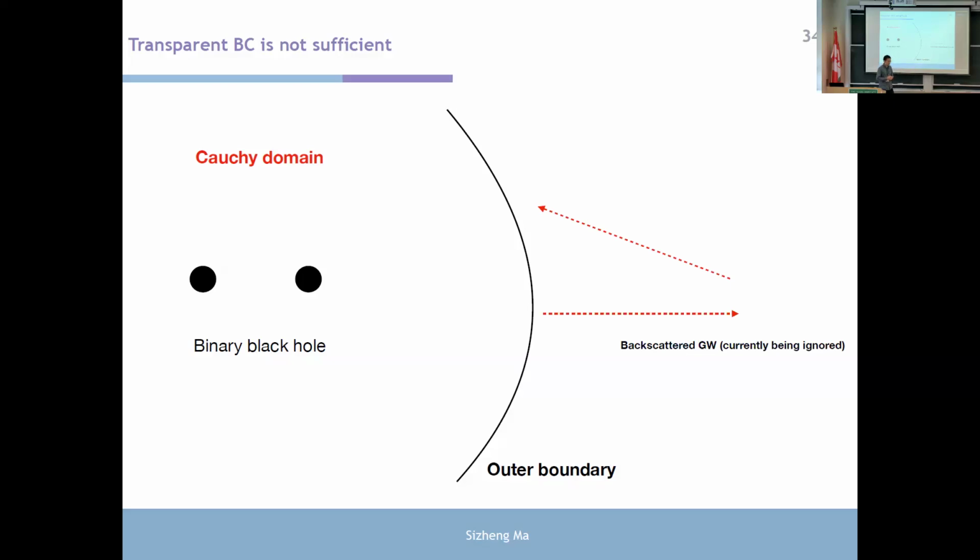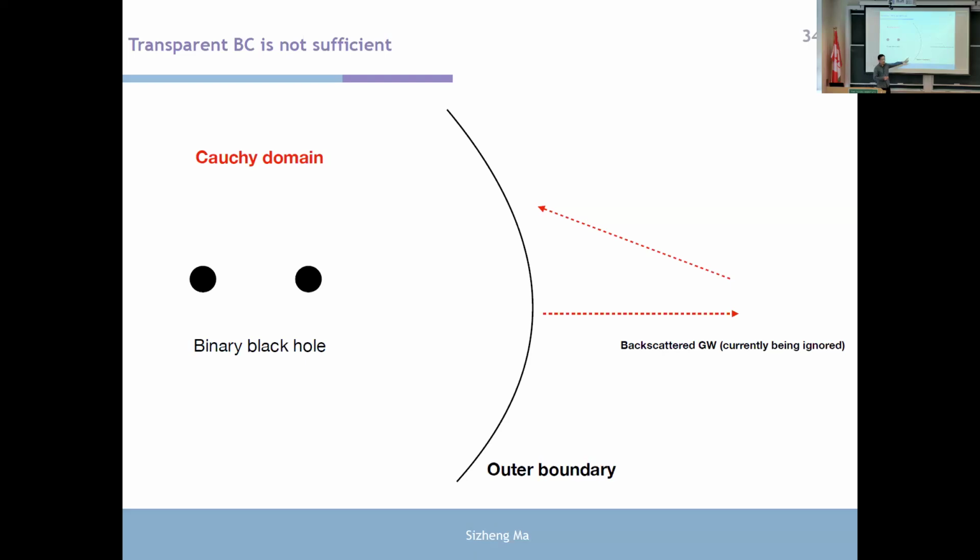So in order to really simulate this inner region in an exact manner, we really need to prescribe how this backscattered wave evolves over time. It turns out that this is a very hard problem. So right now, people just ignore this piece in current simulations.